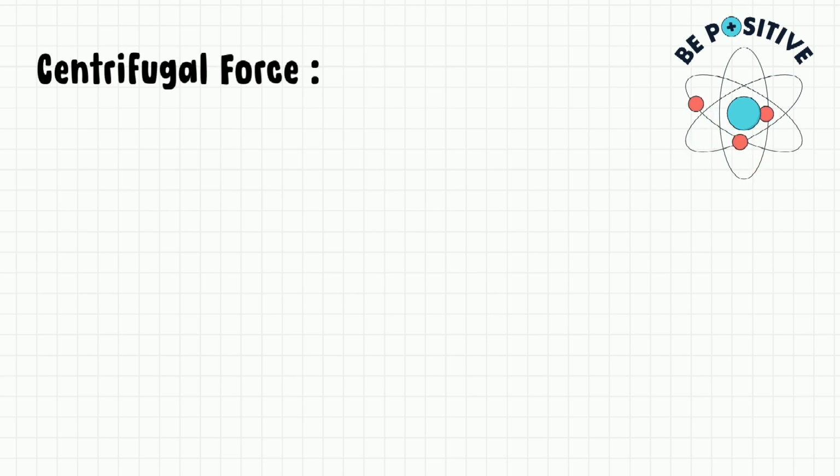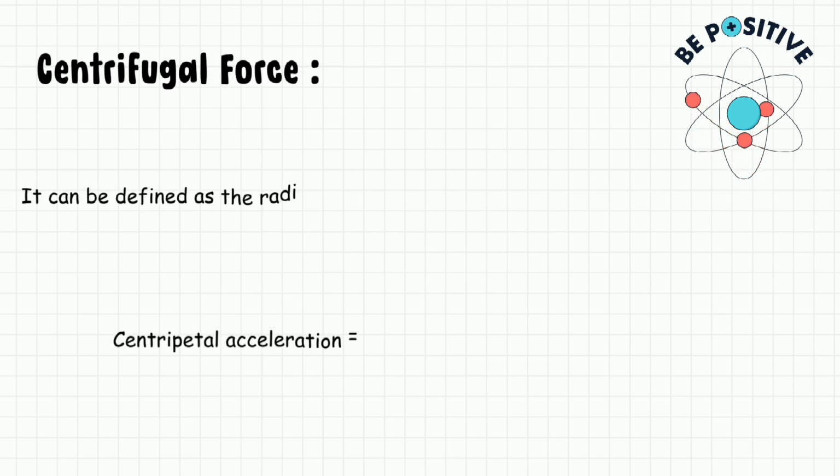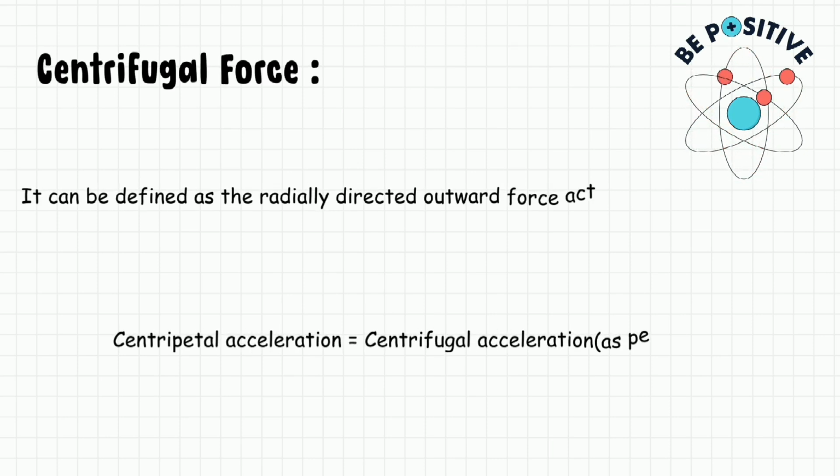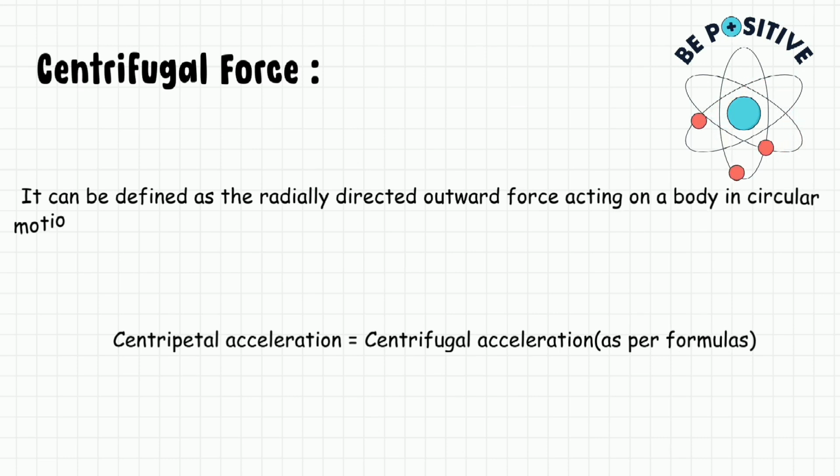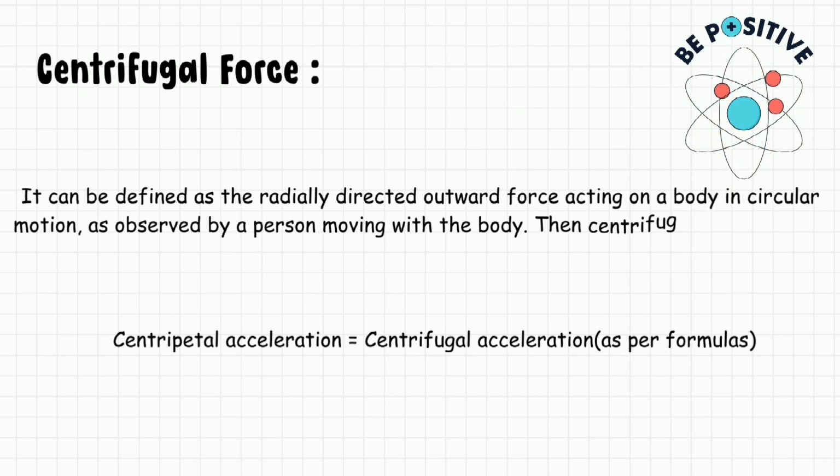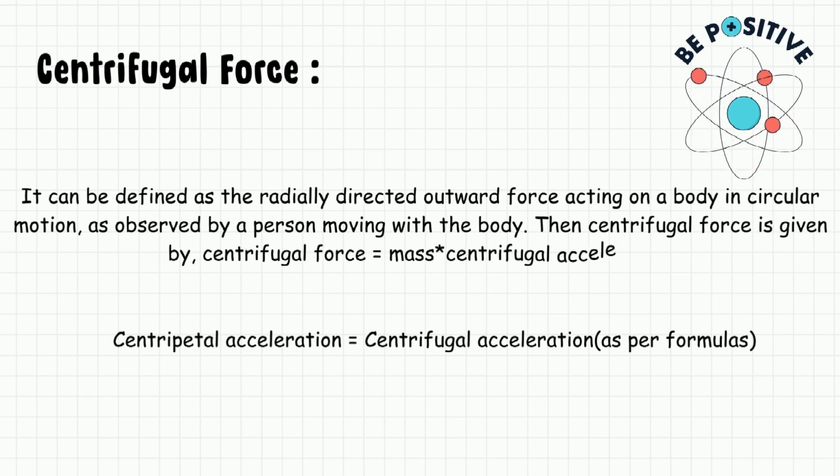Centrifugal force. It can be defined as the radially directed outward force acting on a body in circular motion, as observed by a person moving with the body. Then centrifugal force equals mass times centrifugal acceleration. Centripetal acceleration equals centrifugal acceleration, as per the formulas.